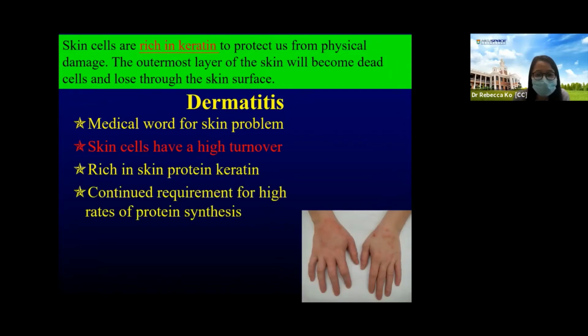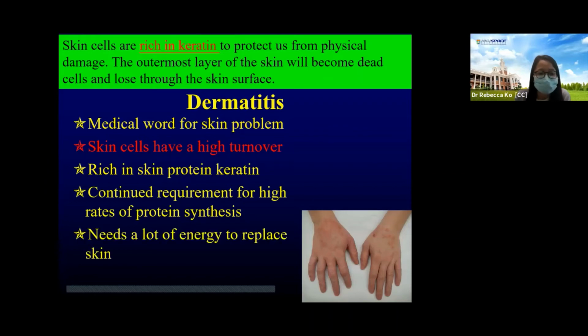So it will continue with a high rate of protein synthesis because the turnover rate is very high. So we have to keep making protein to protect us, and that's why we need a lot of energy to replace the skin.